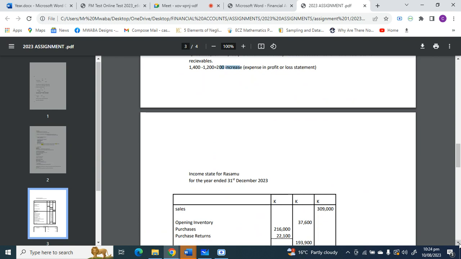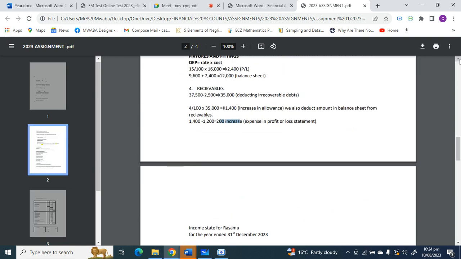And then this 1,400, this new allowance for receivables, we're also going to deduct from the receivables amount in the balance sheet. I haven't deducted it here, but it will be deducted in the balance sheet. If you wanted, you could also deduct it here.